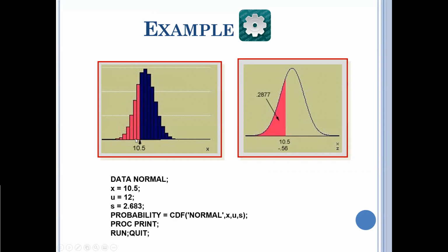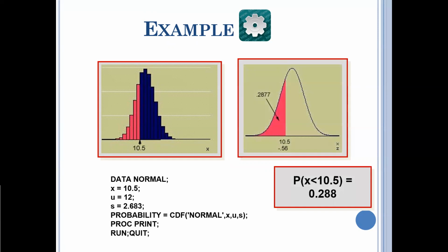And because we're less than or equal to 10, we need all of the 10 column, right? The little part of the histogram that represents 10, and its upper bound is 10.5. So that's why we set the normal curve to be 10.5. And that gives us a more accurate answer than if we just did 10, because we'd be missing half of that last bar.